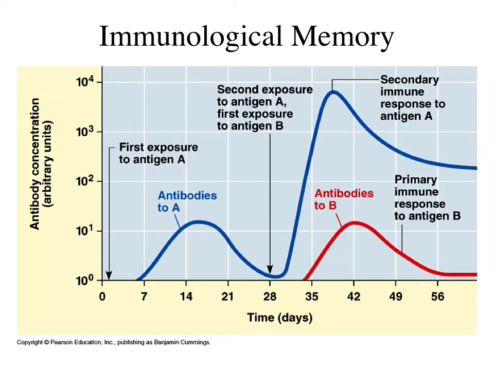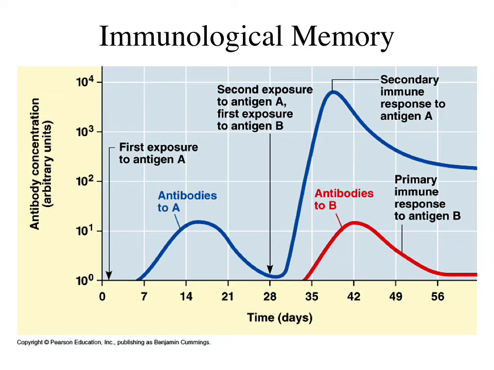If the individual is exposed to the same antigen at some later time, the response is much faster and of greater magnitude and more prolonged. This is the secondary immune response. The immune system's capacity to generate secondary immune responses is called immunological memory.